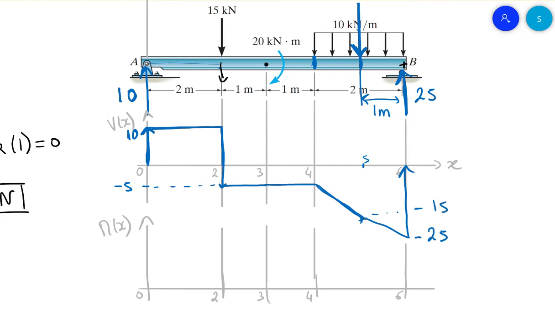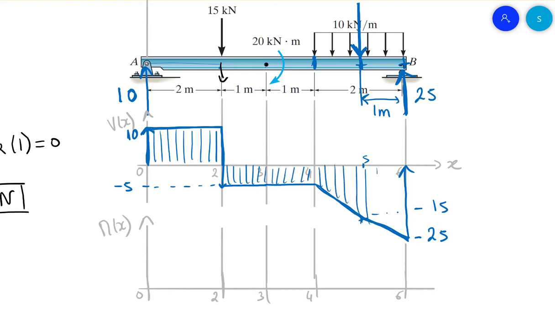And again between this point and this point, minus 10, so minus 25. And at the end, we go up 25. So that's the change in the shearing forces in the beam.